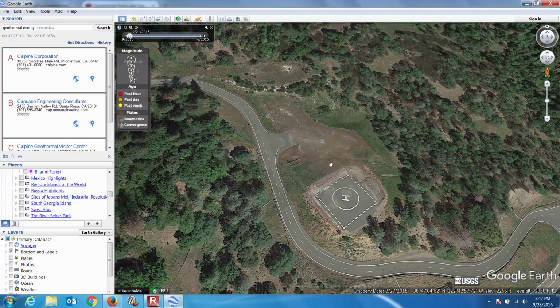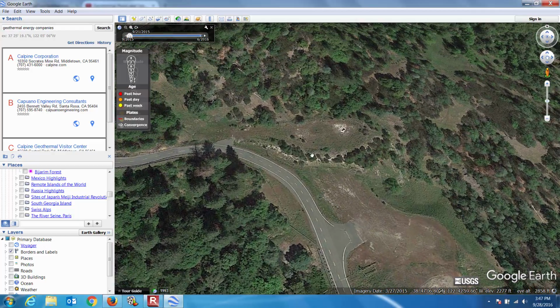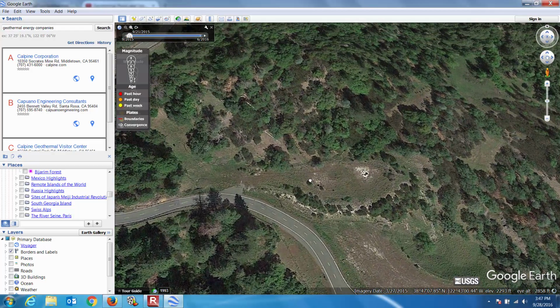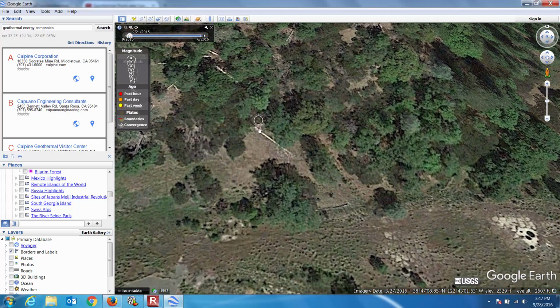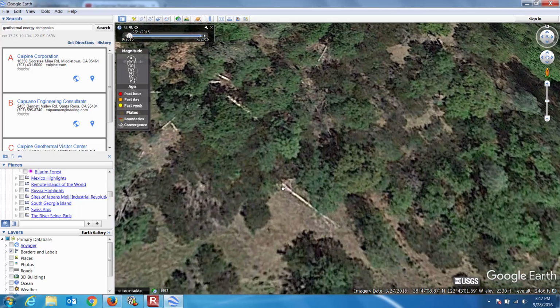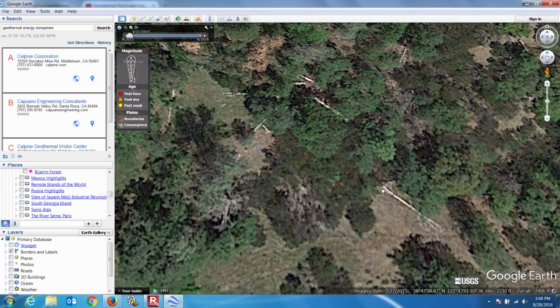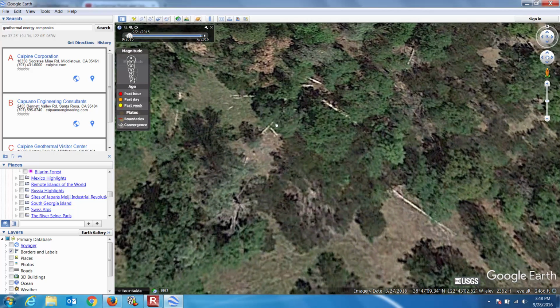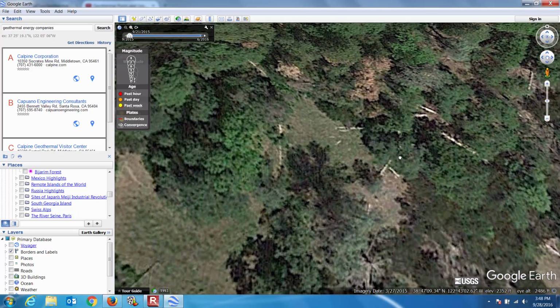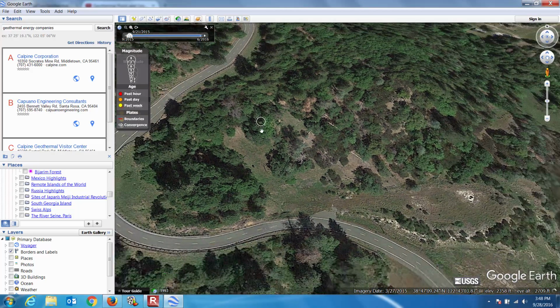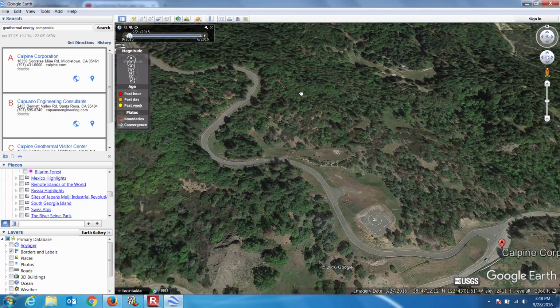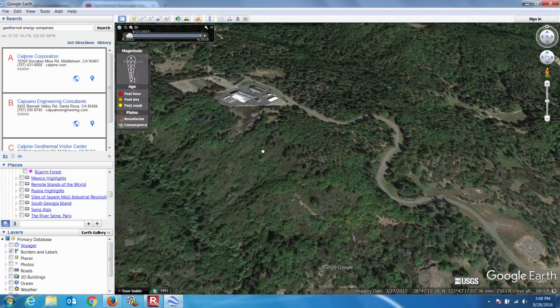You can see the production wells and the reinjection wells. Some of the piping right here. So you can see there's no huge impact. There's no great big craters or huge cooling towers.